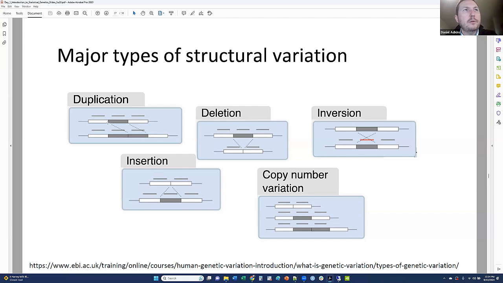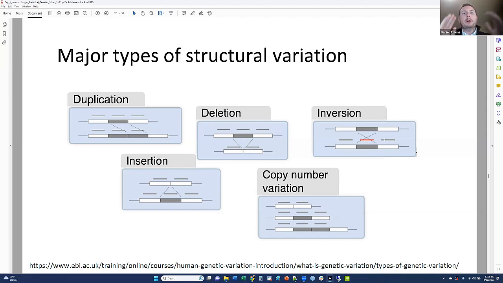So as opposed to having the reference allele, which would just be one copy of this locus, now you've got two copies of it. That's a duplication. Deletion's the reverse of that, right? It's a segment of DNA that gets lost along the way in some individuals.